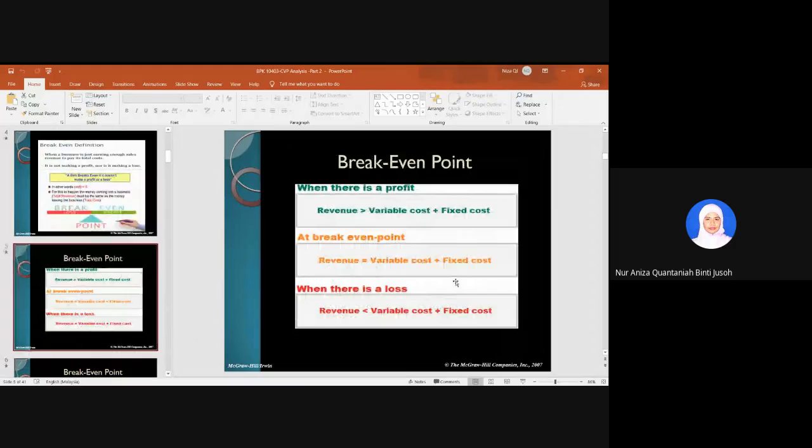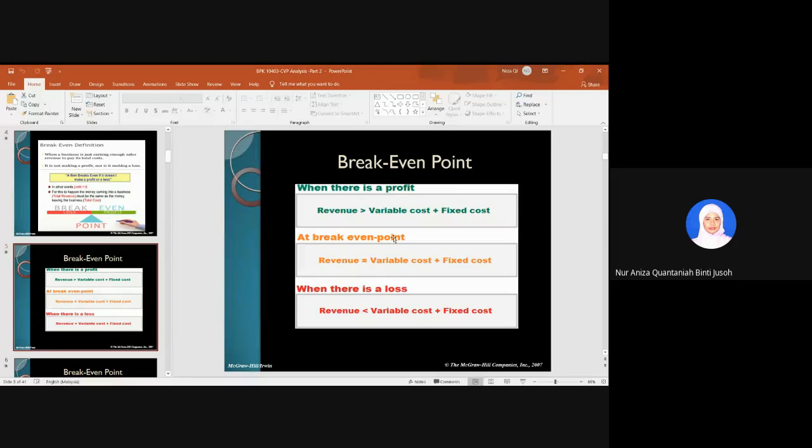So when there is a profit, usually revenue will be more than variable cost plus fixed cost. And when there is a loss, usually revenue is less than variable cost plus fixed cost. So at break even, revenue is equal to variable cost plus fixed cost.